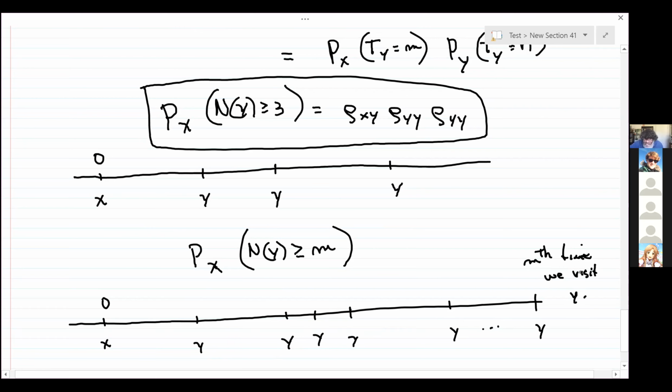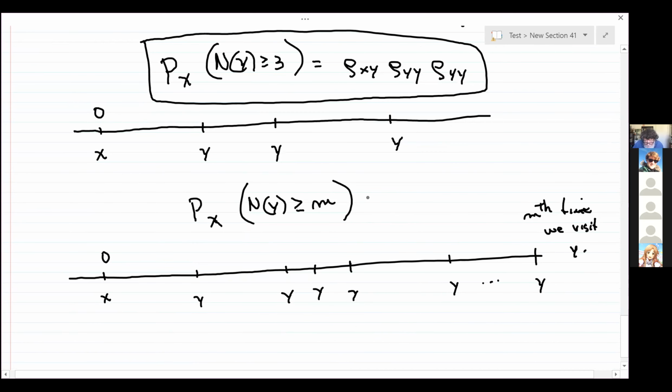And if we're just trying to gain intuition and remember a formula, how it works would be, well, you got to get from X to Y eventually. And then you have to get from this Y back to itself. And then from this Y back to itself.